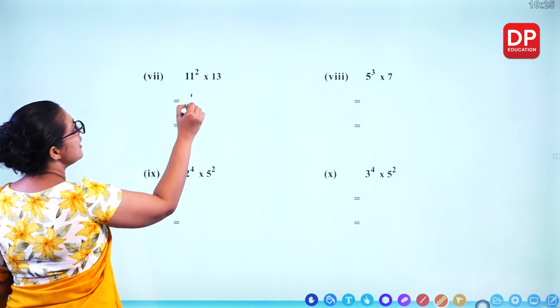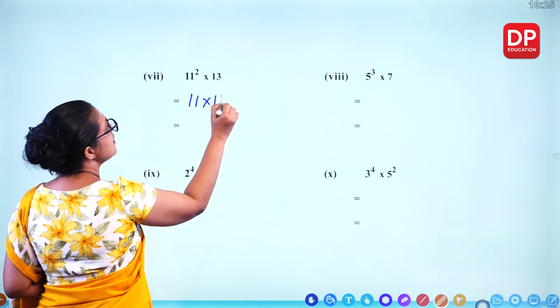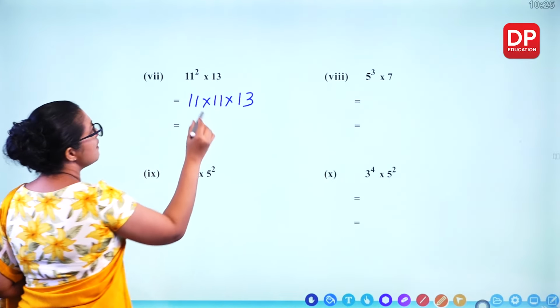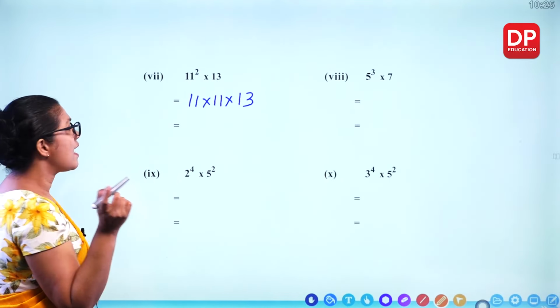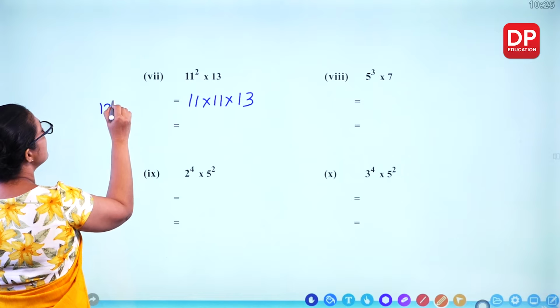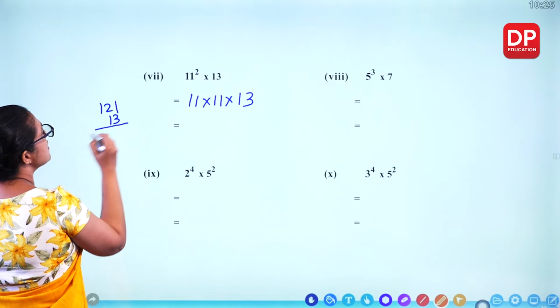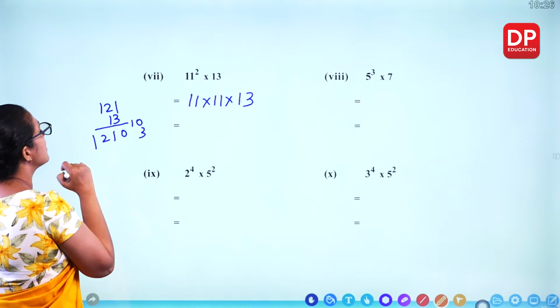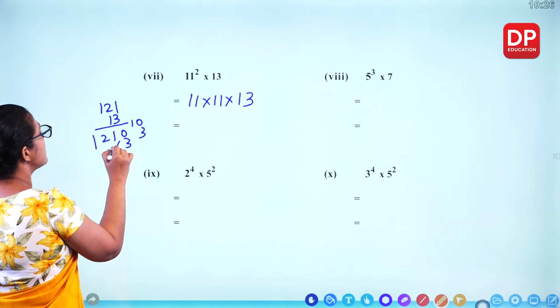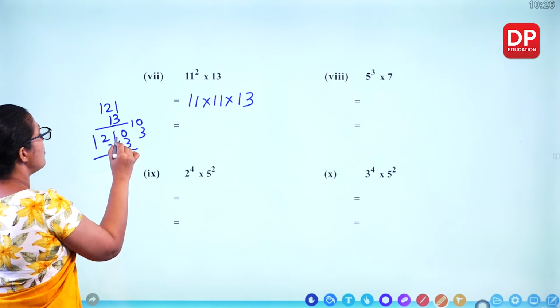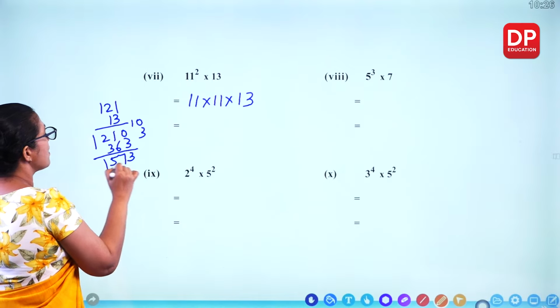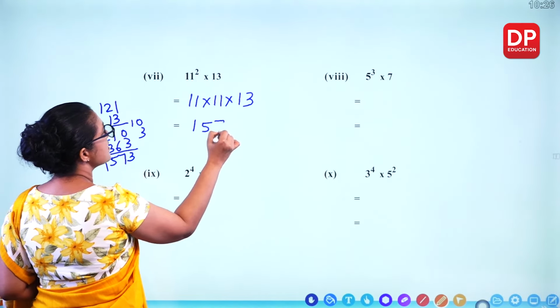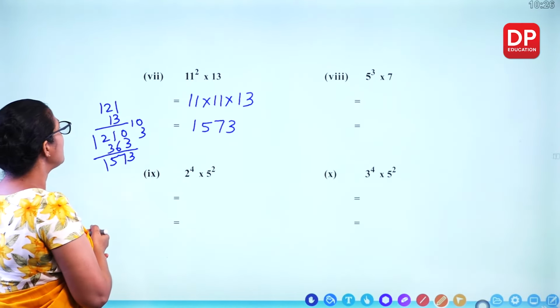This one. 11 times 11 times 13. 11 times 11, we know that it's 121. 121 times 13. 10 and 3, you get 363. When you add it, 1573.